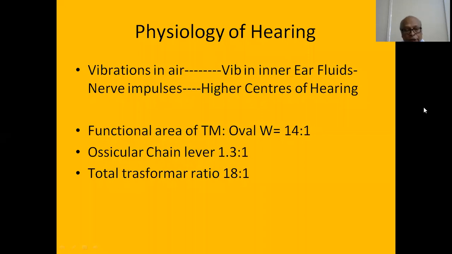We take advantage of this anatomical point while operating, because if we go below the level of the dome of the lateral semicircular canal, you are liable to injure the facial nerve. This is in short the anatomy of the temporal bone and the ear.